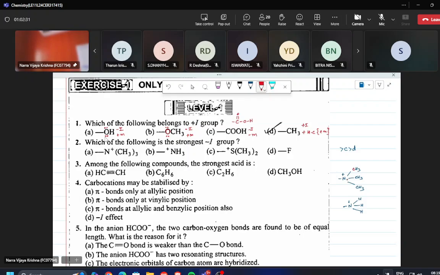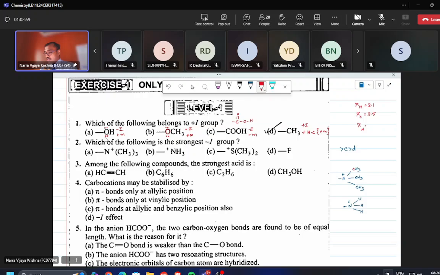So it will push electrons towards nitrogen. Correct? Now, one more thing. Between nitrogen and carbon there is an electronegativity difference. Between nitrogen and hydrogen there is an electronegativity difference. Where is the electronegativity difference high? Nitrogen and hydrogen. Electronegativity of carbon is 2.5, electronegativity of hydrogen is 2.1, correct?